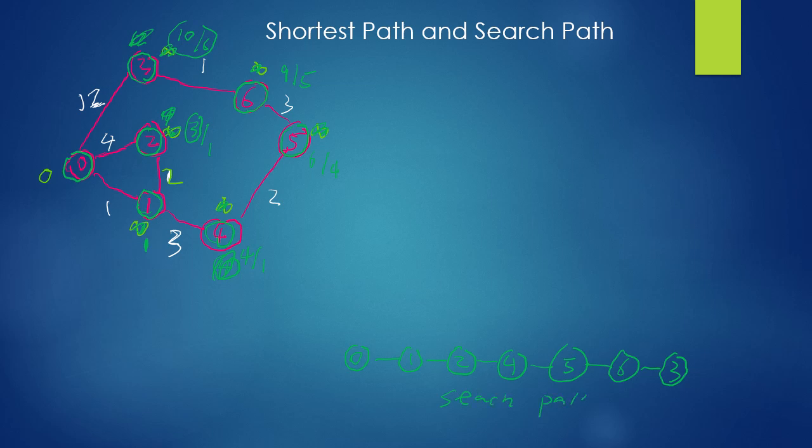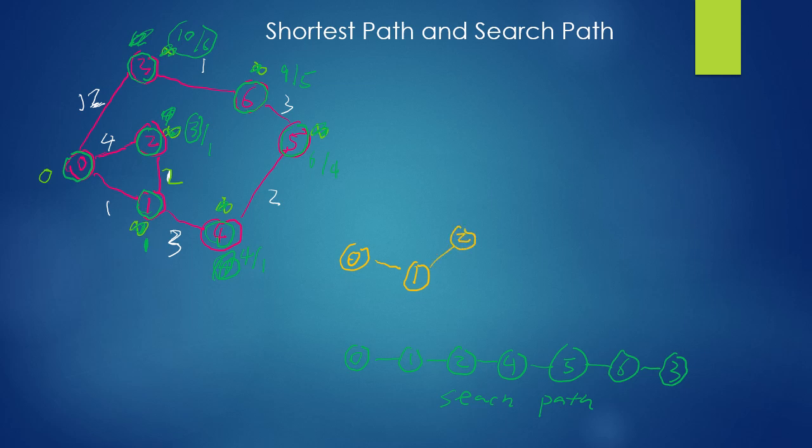All right, but then the shortest path is something different. For the shortest path, you have to look at the predecessor. Of course, from 0 to 1 is the shortest path. And the 2 actually goes through 1.